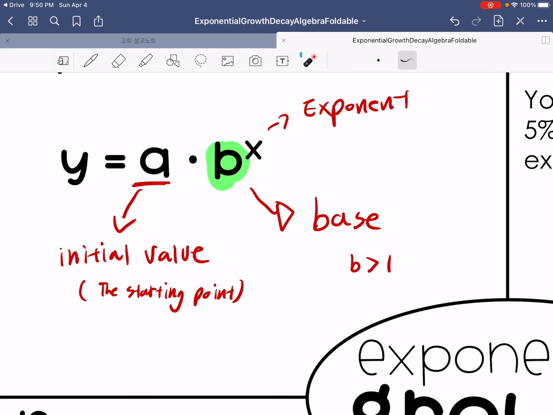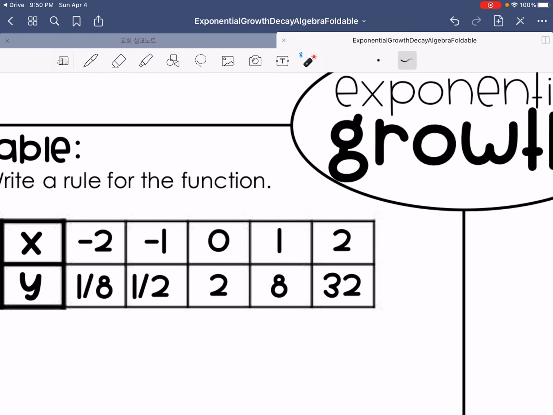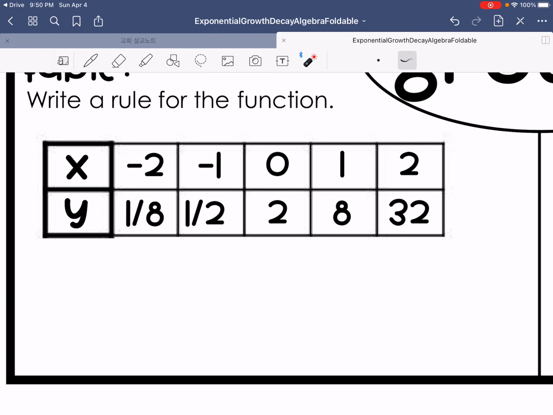So you have to memorize this basic form, okay? So usually in exponential function, you have to learn how to find equation and then find answer, okay? So let's write the rule of the exponential function.